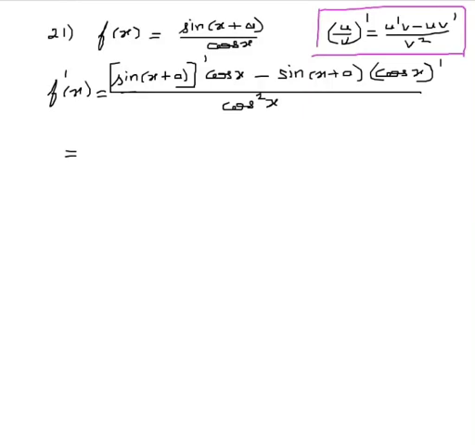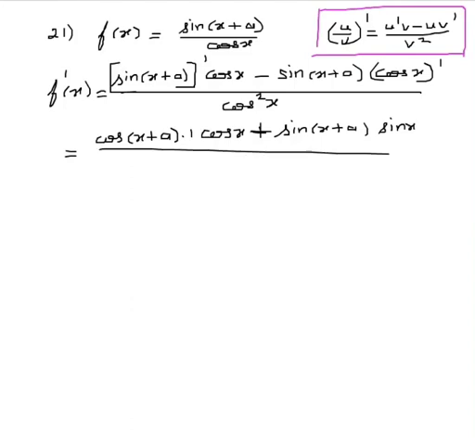The differential of sin is cos, so we get cos of x plus a into the differential of x plus a, chain rule. The differentiation of x plus a is 1 plus 0, which is 1, into cos x, minus sin of x plus a times the derivative of cos x, which is minus sin x, so I am changing the sign to positive here, into sin x, divided by cos square x.